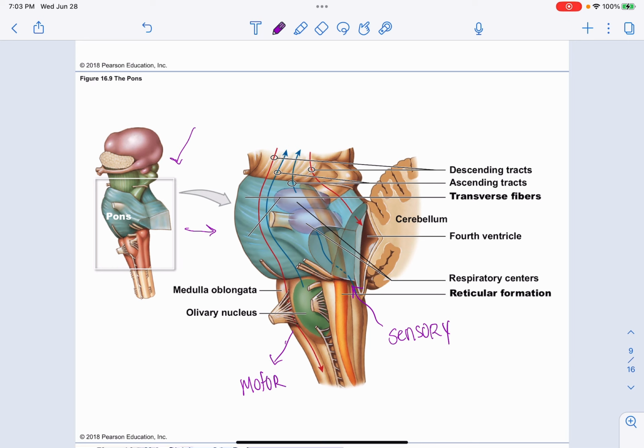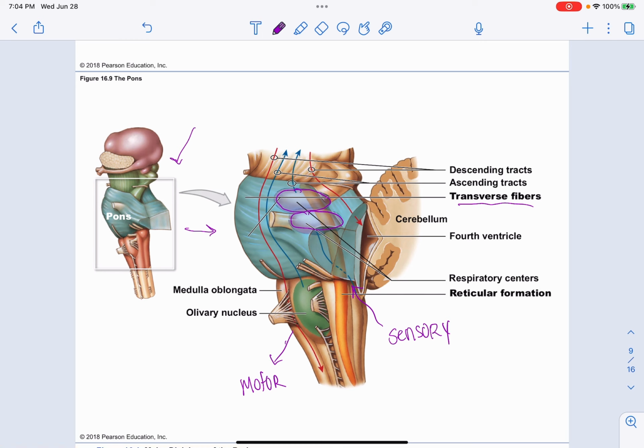So we do have some of these white matter tracks that are running up and down through the pons. But what it's also showing you now is that you can see these transverse fibers. And these transverse fibers are going to allow different parts of the body to communicate, right? So it could lead to the cerebellum or other parts of the brain. And this is the first time we're seeing these types of fibers. Those respiratory centers that I was talking about, here are those nuclei here in blue.